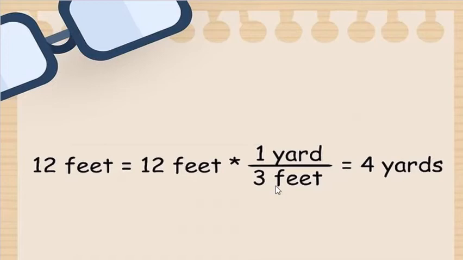When you write the conversion equation, make sure you write the conversion fraction so the unit you wish to end up with is in the numerator. If you wrote the conversion fraction as 3 feet divided by 1 yard, your result would be incorrect. That would be the inverse conversion, from yards to feet.